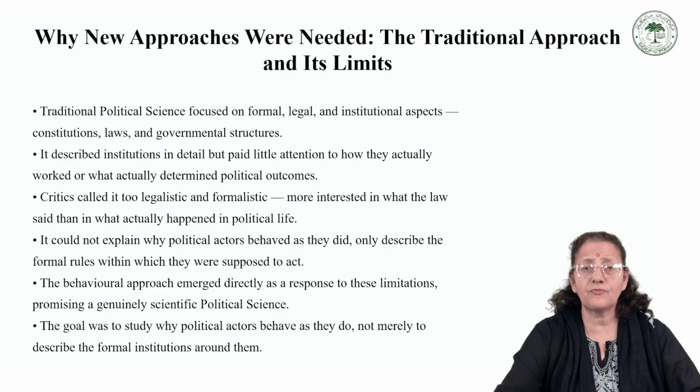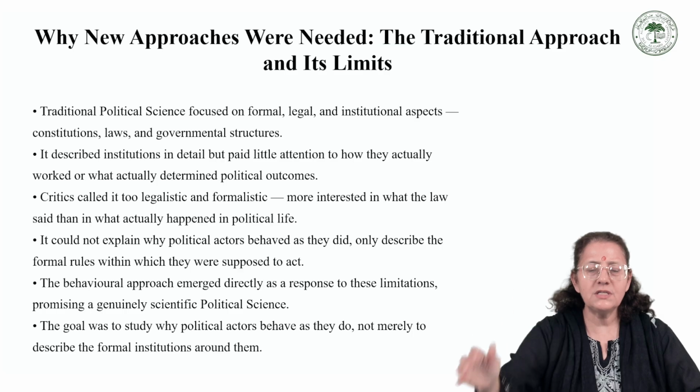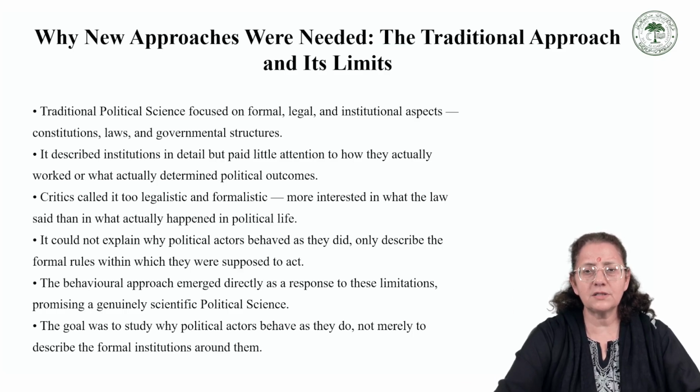Traditional political science focused primarily on the formal, legal, and institutional aspects of politics. It studied constitutions, laws, government structures, and formal political procedures. It described political institutions in detail, but paid relatively little attention to how these institutions actually worked in practice, how political actors actually behaved, or what actually determined political outcomes.